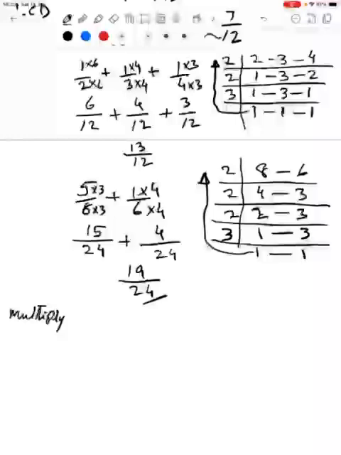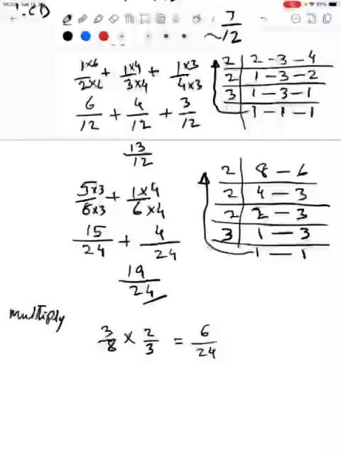Multiply. So, we will pick 3 over 8 times 2 over 3. Well, this is very simple. So you just multiply the top together and the bottom together. 3 2s are 6 and 8 3s are 24.